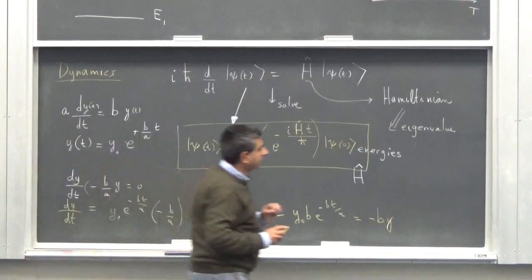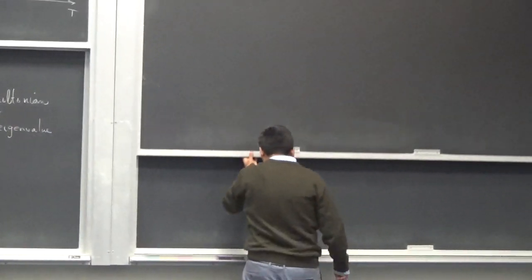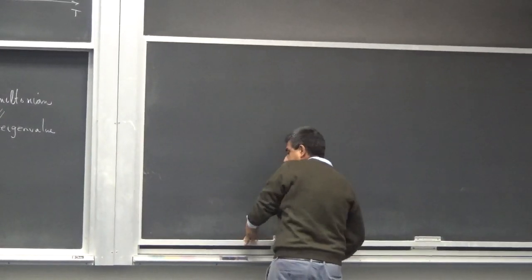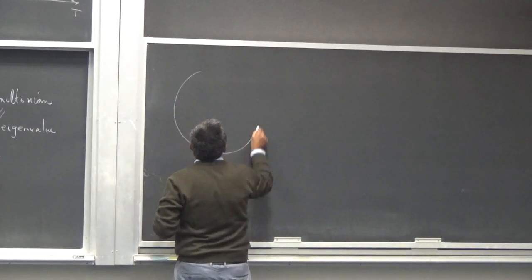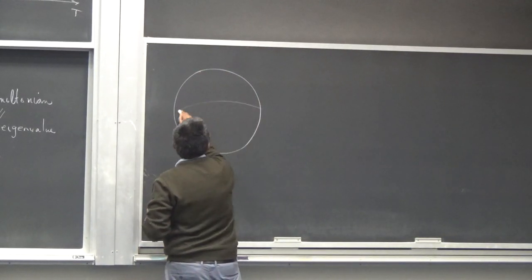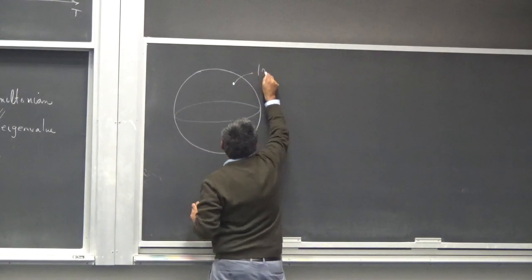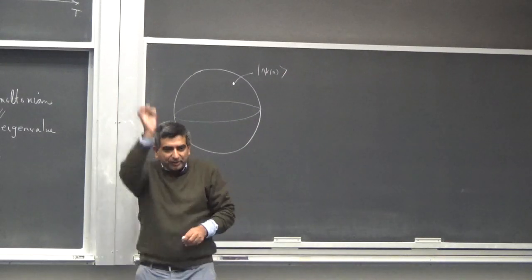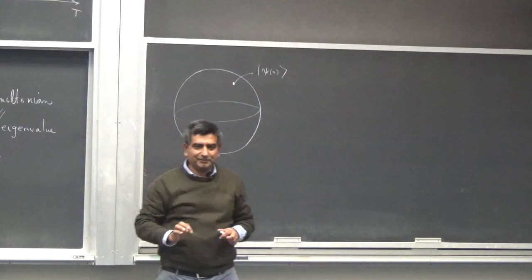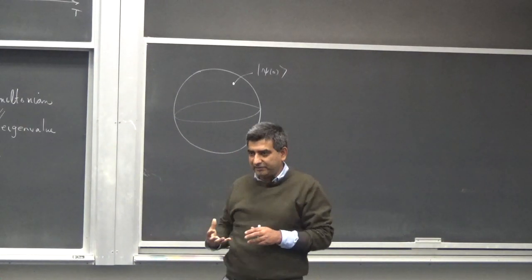On the Bloch sphere, you start off at time t equals 0 with some state psi 0 and you switch on a Hamiltonian. Now this Hamiltonian is coming because of the magnetic field.